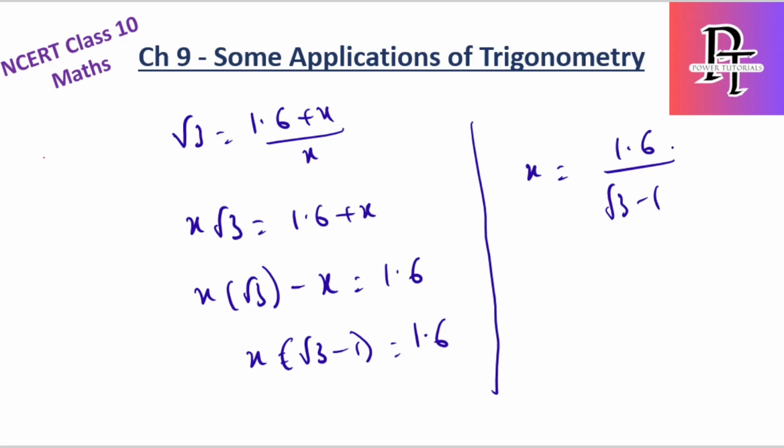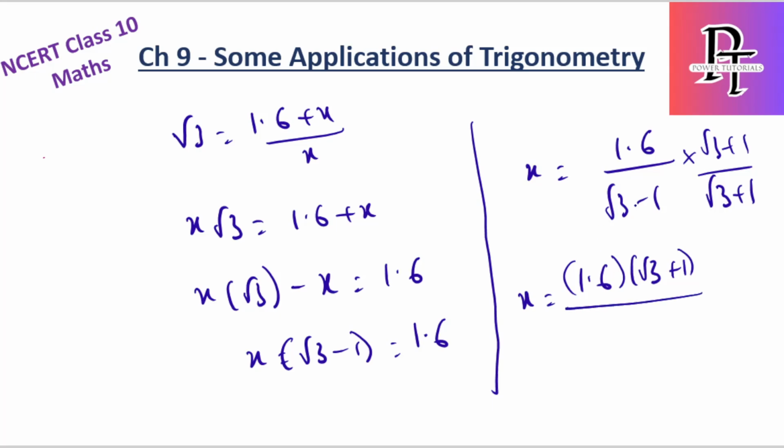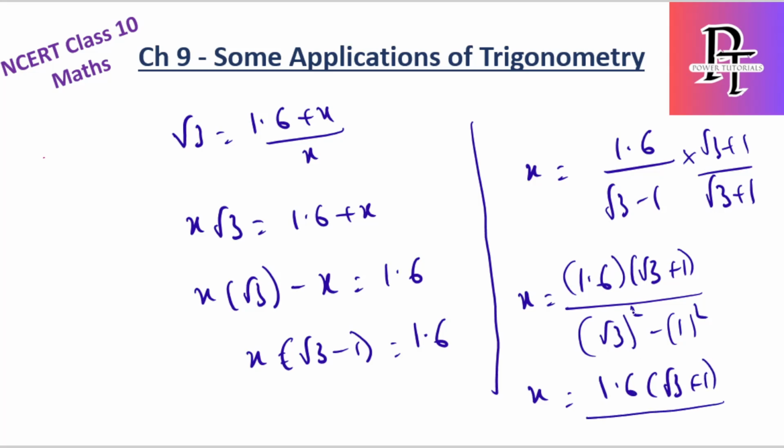So if I do rationalization, I have to multiply this with root 3 plus 1 by root 3 plus 1. So this finally becomes 1.6 into root 3 plus 1 by (a minus b) into (a plus b), which is a square minus b square. So root 3 whole square minus 1 whole square. So finally I can write it as 1.6 into root 3 plus 1 by, root 3 squared is 3, 3 minus 1 becomes 2.